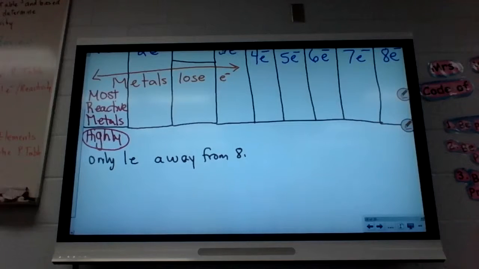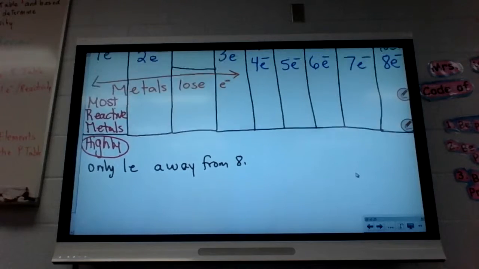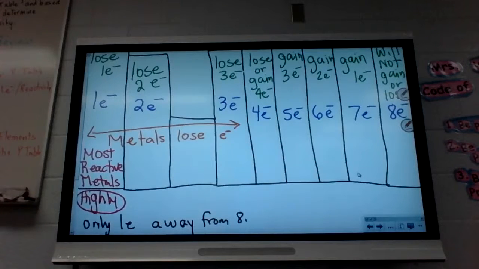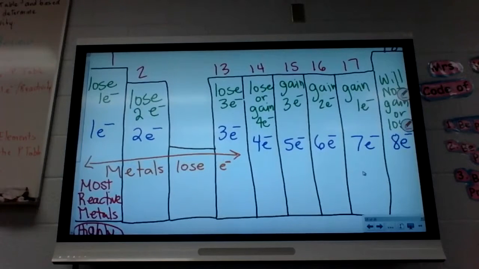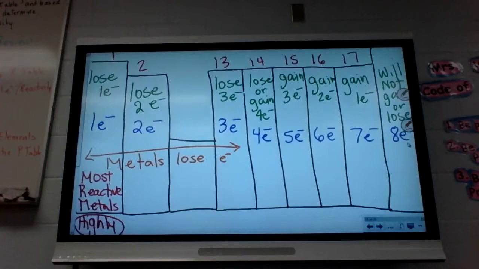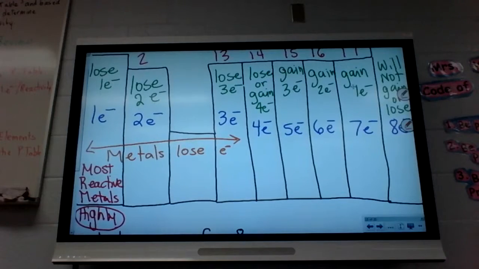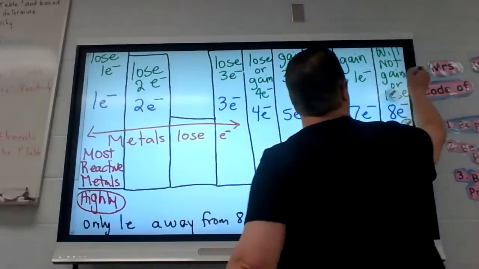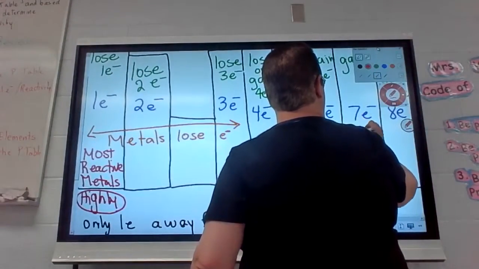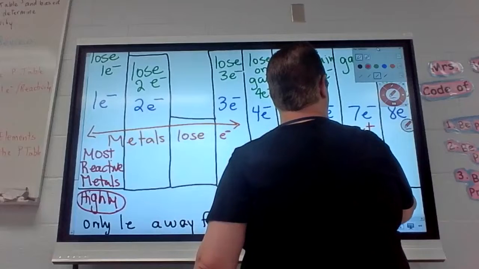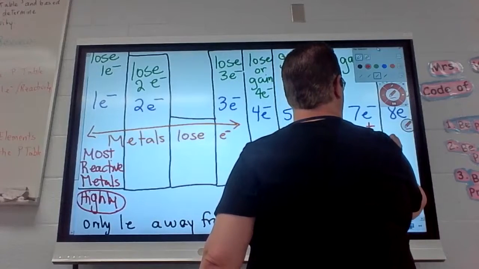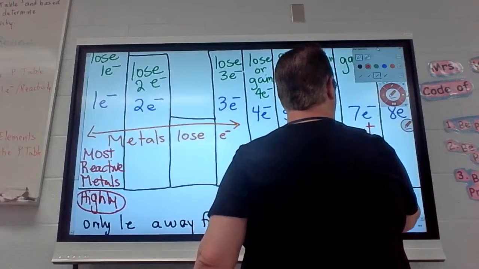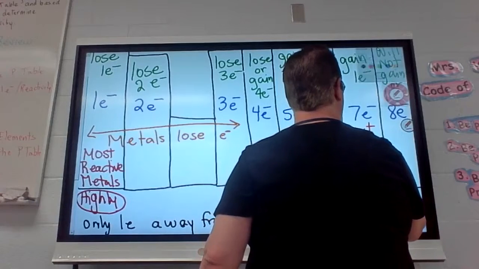So, who else on this periodic table is highly reactive? Which last row? 18 will not lose or gain. They have 8. It's 17. Because it needs to do what also? Gain 1. Okay? So group 17 is the most reactive non-metals.